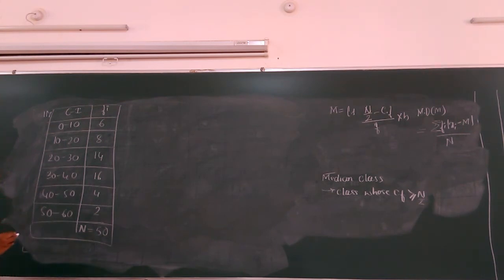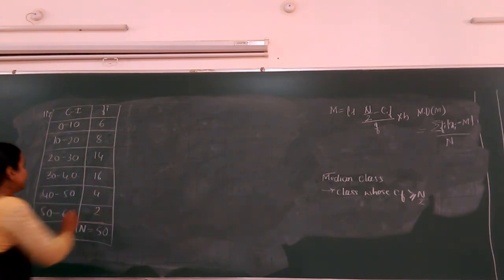Next thing, first what will we calculate here? We will calculate the midpoint, or you can even calculate the cumulative frequency, because to calculate the median class you want cumulative frequency.